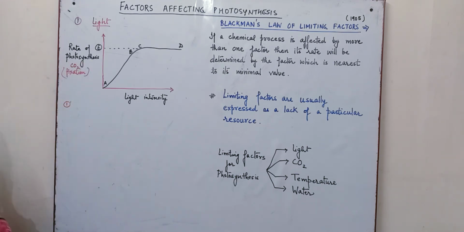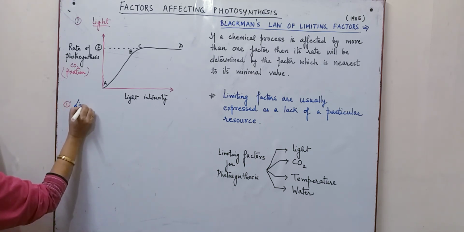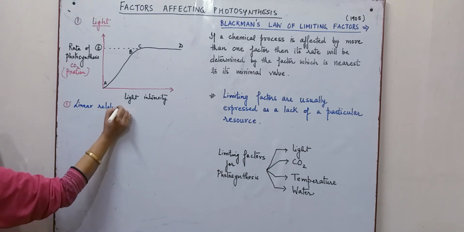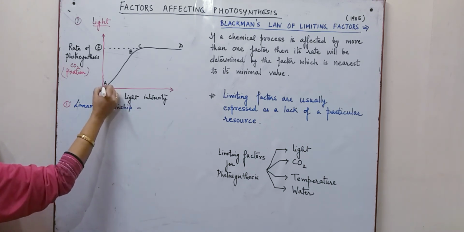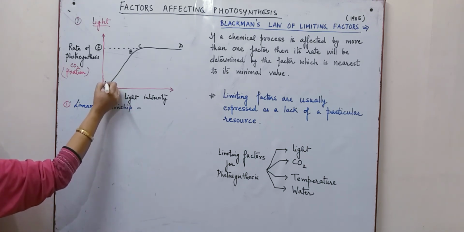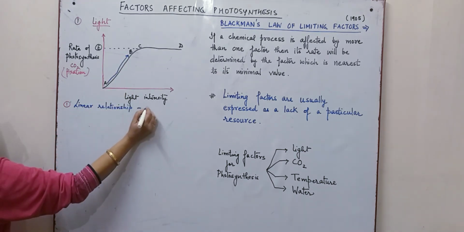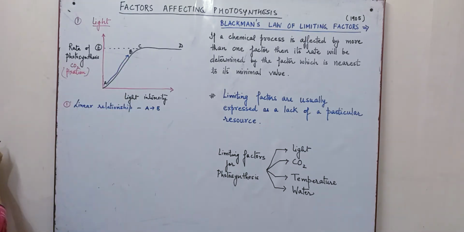So light has a linear relationship. You can see through the graph that as the light intensity is increased, the rate of photosynthesis also increases. So from A to B, you can see that the rate of photosynthesis increases with the increased light intensity.